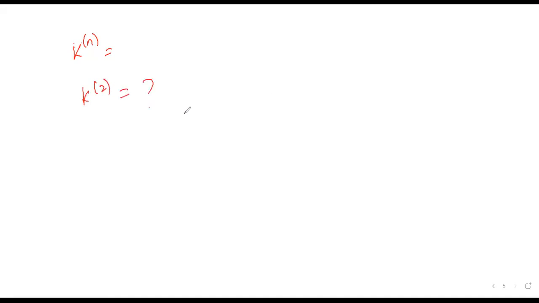What is k2? Yes, good. K into k minus 1, isn't it? You have to go until one less than. So k into k minus 1 up to k minus n minus 1.